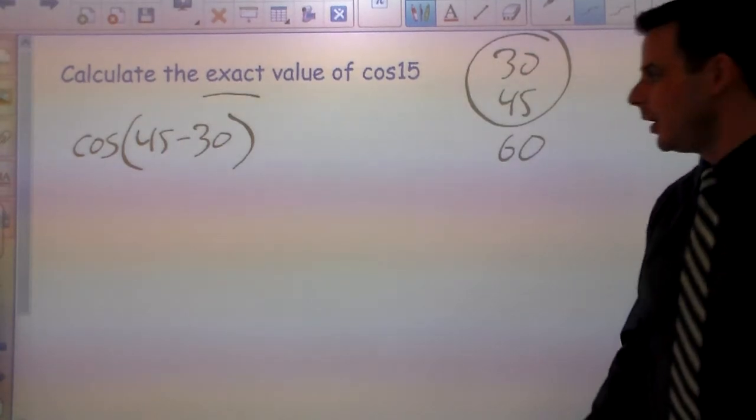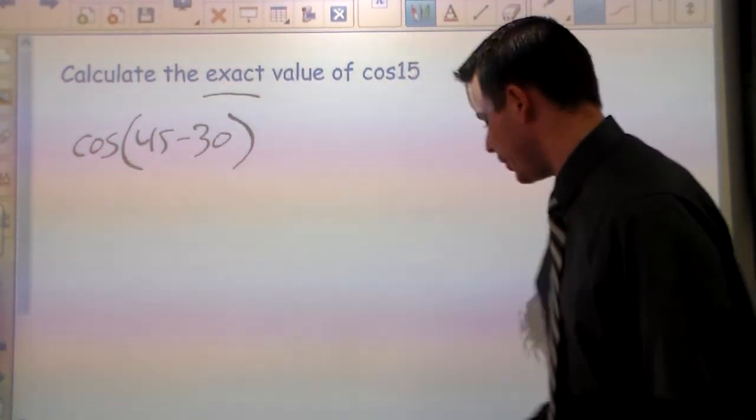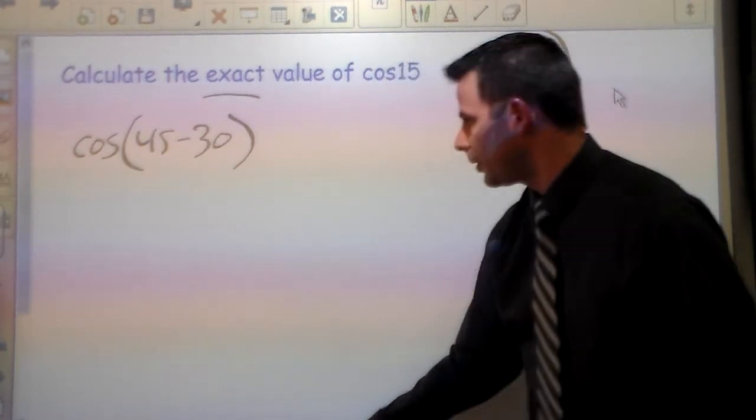So now I'm going to have to copy the cosine difference of two angles formula. So let's take a look.